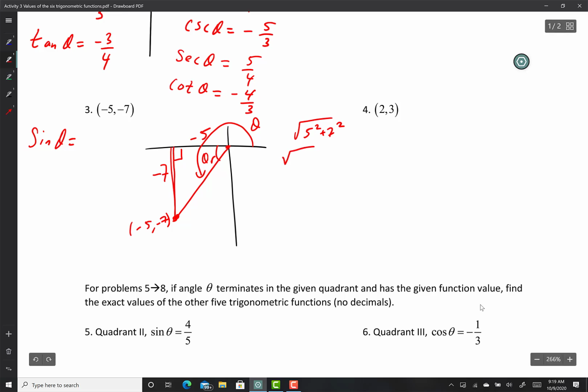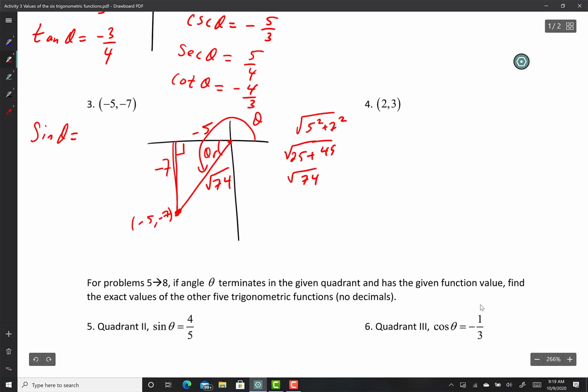So 25 plus 49 is 74, and that's not going to break down, guys. So leave it at square root of 74. They said no decimals. I don't see square root of 74 breaking down. If it was 75, we could have done 25 times 3, and the square root of 25 is 5, but it's not a 75, it's 74. So leave it alone.